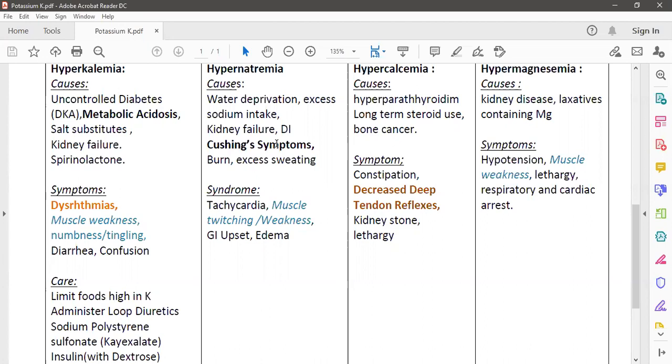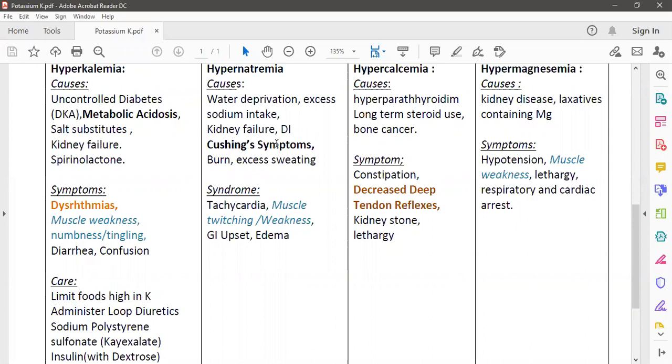Some books say insensible water loss or diarrhea, water deprivation, or excessive salt intake also cause hypernatremia, like intravenous administration of saline solution or excessive use of table salt.